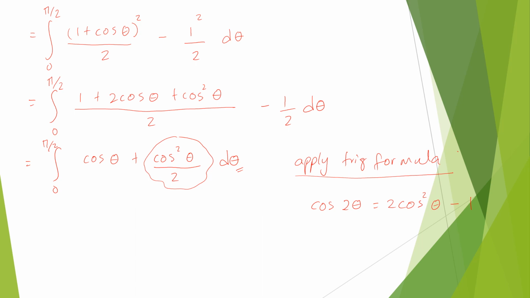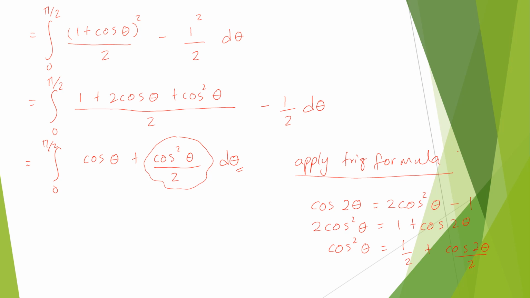So 2 cos squared theta equals 1 plus cos 2 theta. So cos squared theta equals 1 over 2 plus cos 2 theta over 2.